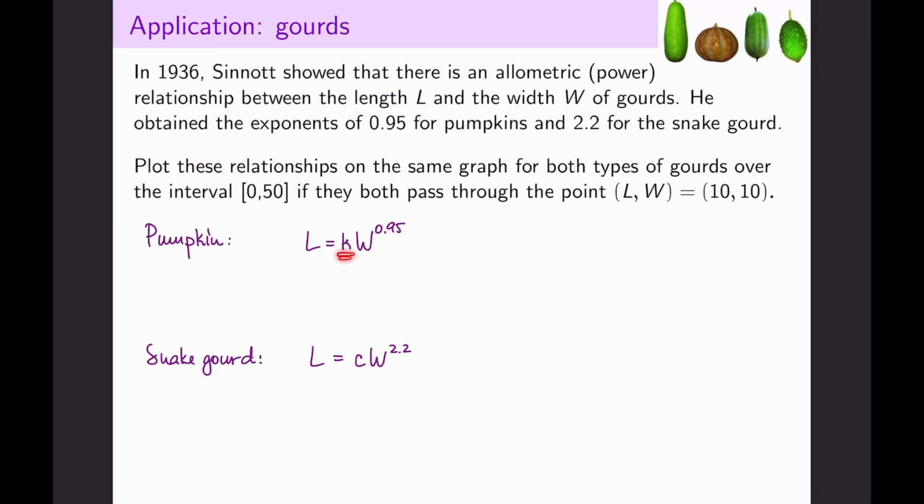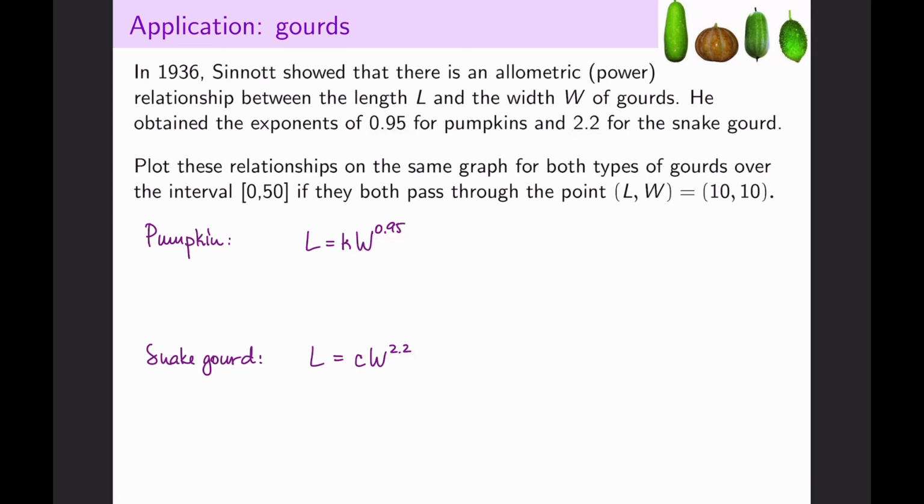Notice that my proportionality constants have to be different. In this case, I call them K and C. Pick your favorite two letters of English or any other alphabet, and you're good to go. So the exponents are represented by the powers of the width here.